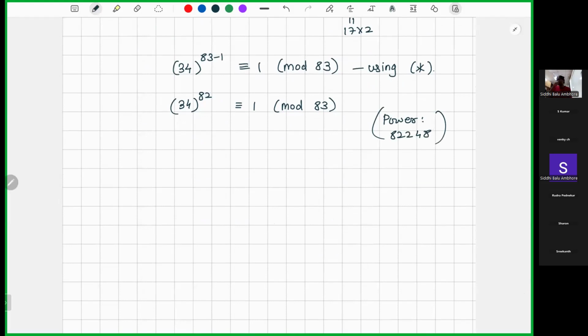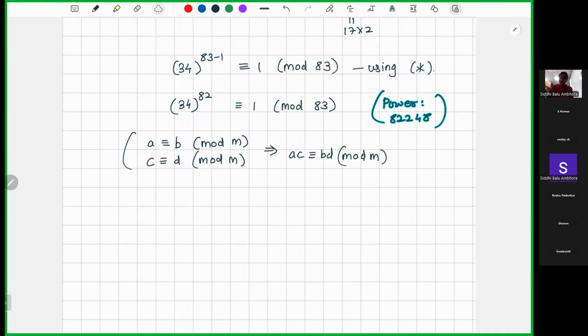So I want to use this property: if a is congruent to b mod some m, and c is congruent to d mod some m, then both imply that ac is congruent to bd mod m.